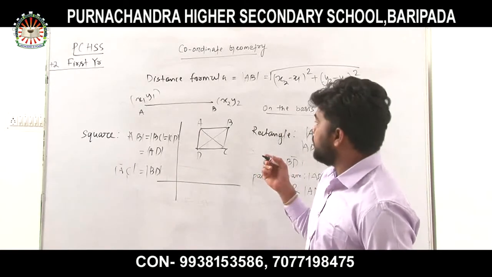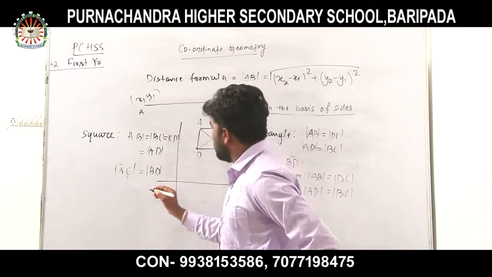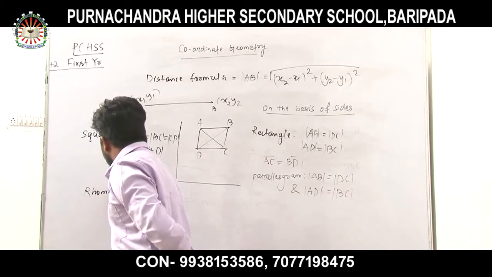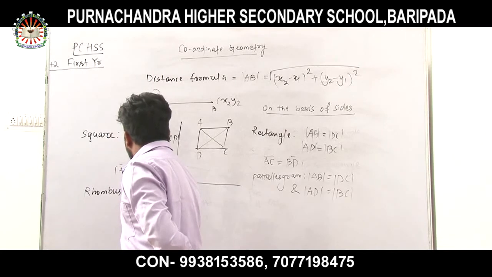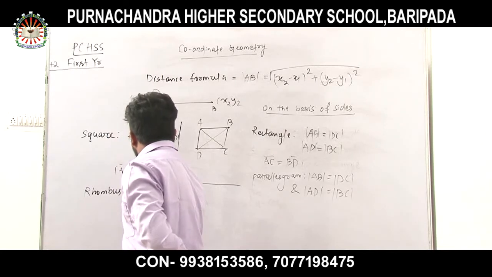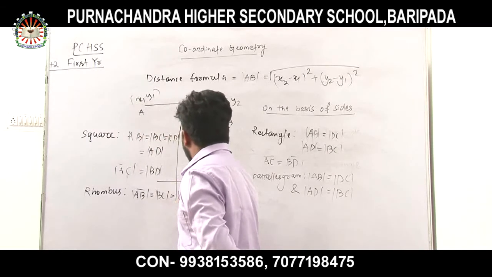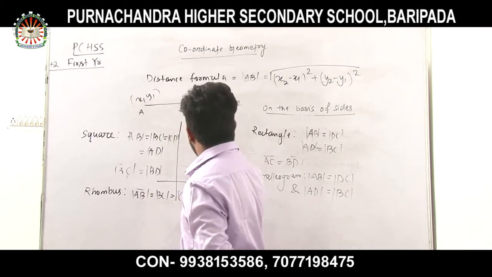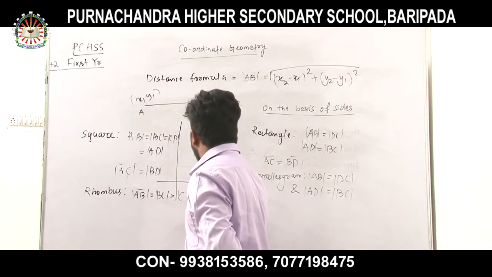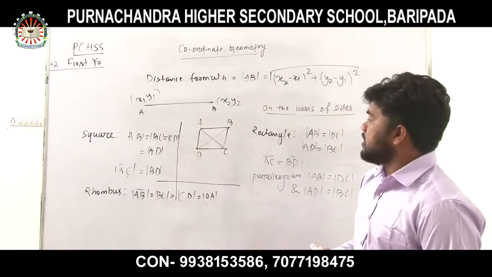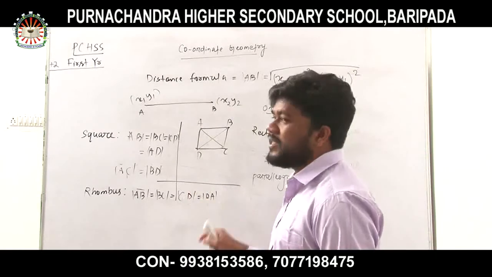Then for a rhombus, AB, BC, CD and DA lengths are the same. Okay. In the case of a rhombus, all sides are equal.